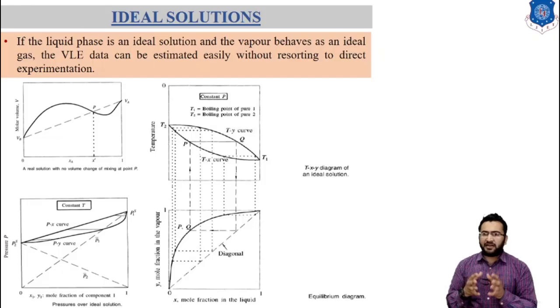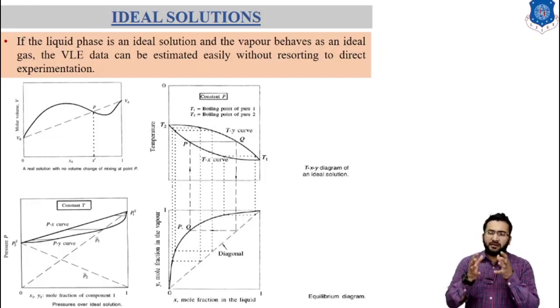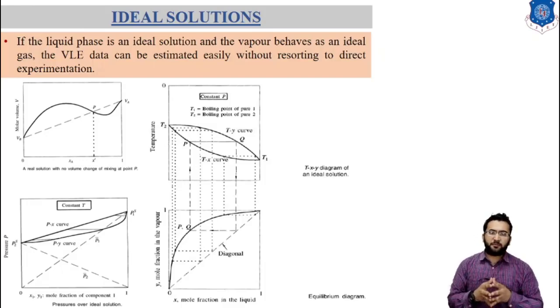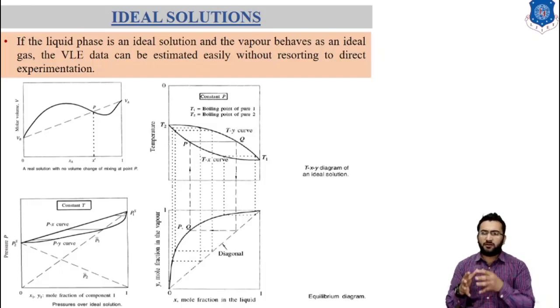The second characteristic is that there is no volume change on mixing, or the volume of the solution changes linearly with composition. The third characteristic is that there is neither absorption nor evolution of heat on mixing.